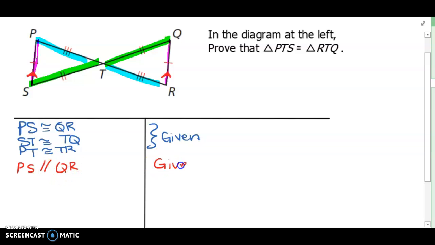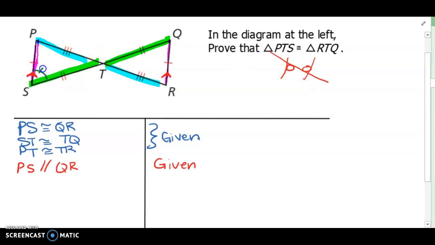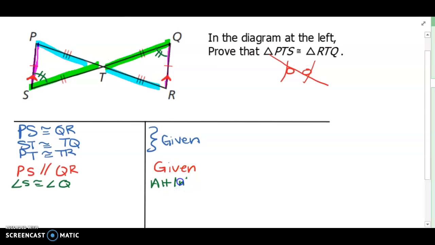That's given. Okay, so if two lines are parallel and I have a transversal, what do I know about this angle and this angle? I know these two are alternate interior angles, and I know the alternate interior angles are congruent. Well, guys, that would be like saying angle S and angle Q. So I could say angle S is congruent to angle Q by the alternate interior angle theorem.